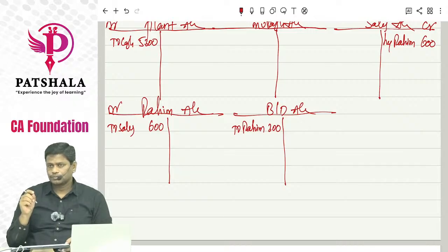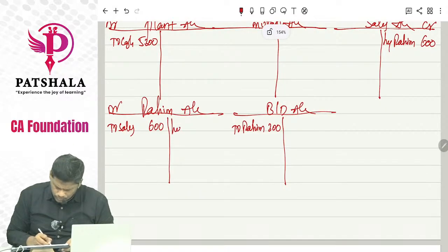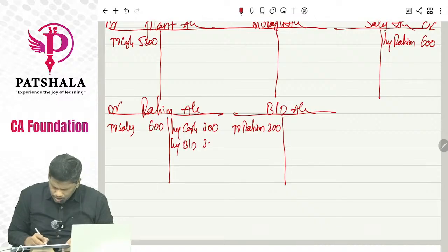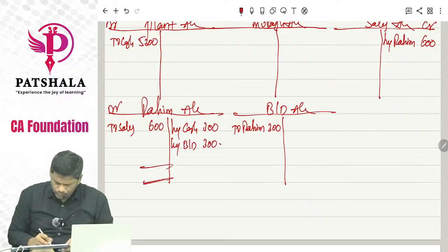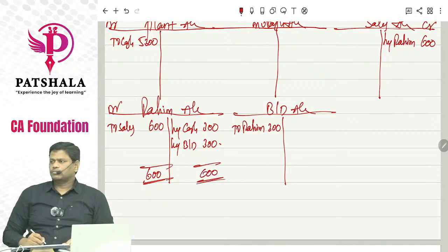Okay? It's done. Go to Rahim account, by cash 300, by bad debts 300. Check, Rahim gets closed. Actually from Rahim we have to get 600.